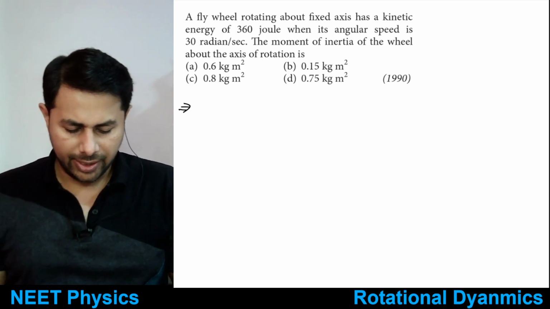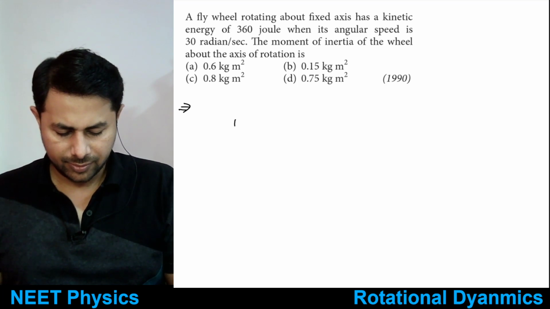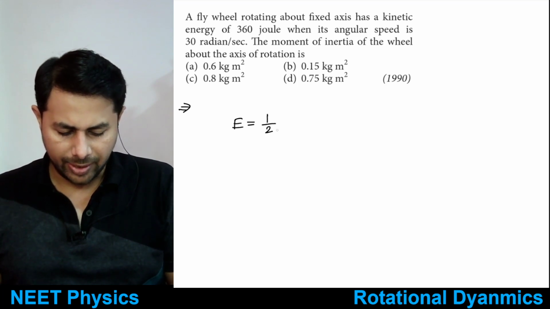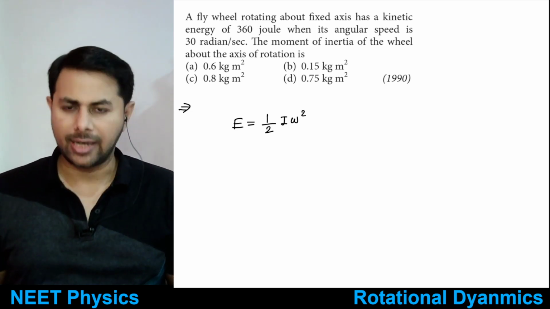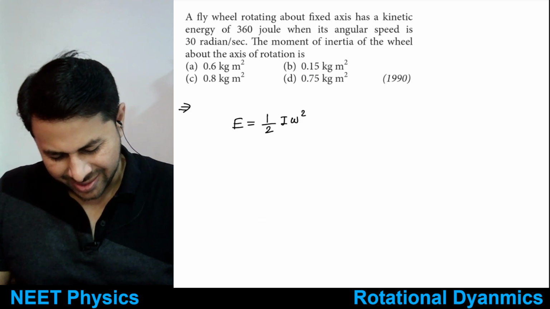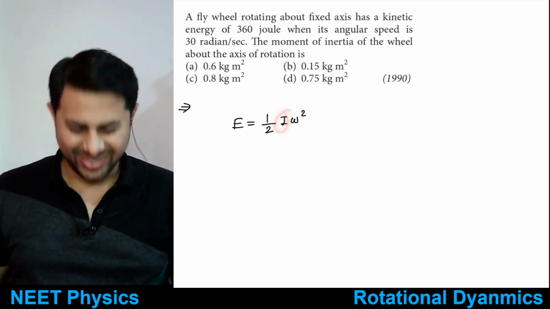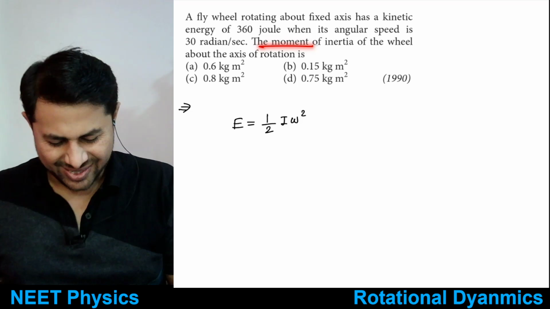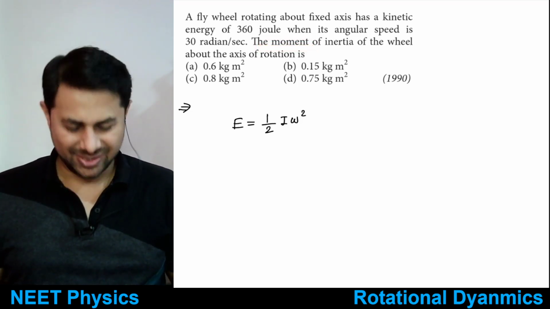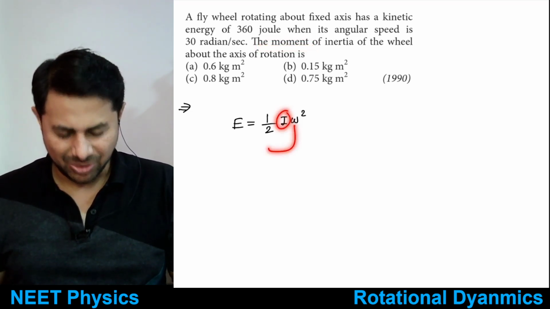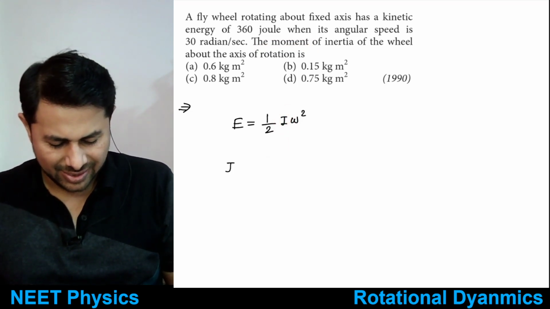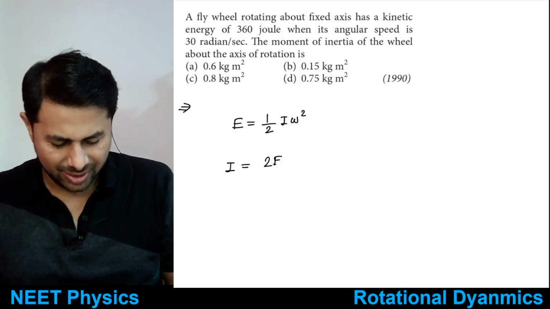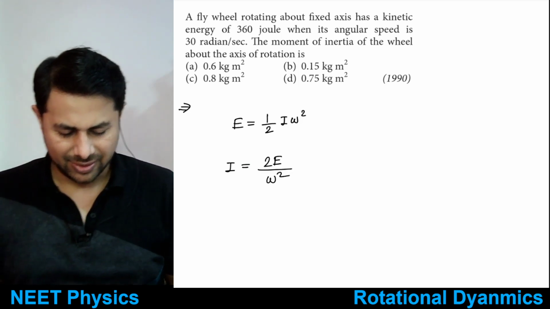You have E equals half I omega square. We know this formula, the kinetic energy of a rotating body. To find the moment of inertia, take omega square to the other side. So you get I equals 2 times E divided by omega square.